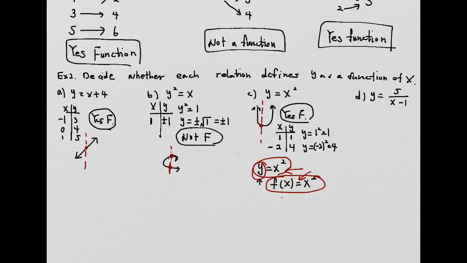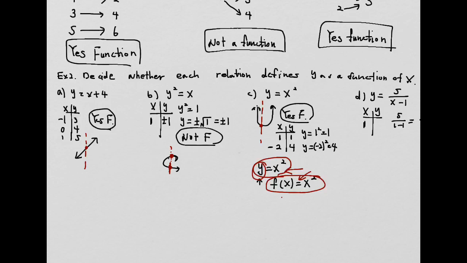What about the next one? Well, we can try plugging in points again on this one. If you cannot guess what graph you're going to have, well, I guess we didn't learn how to graph this yet. This is something that you're going to learn in a college algebra or pre-calculus class. So if we plug in points, let's say x equals 1, then it will be 5 over 1 minus 1.